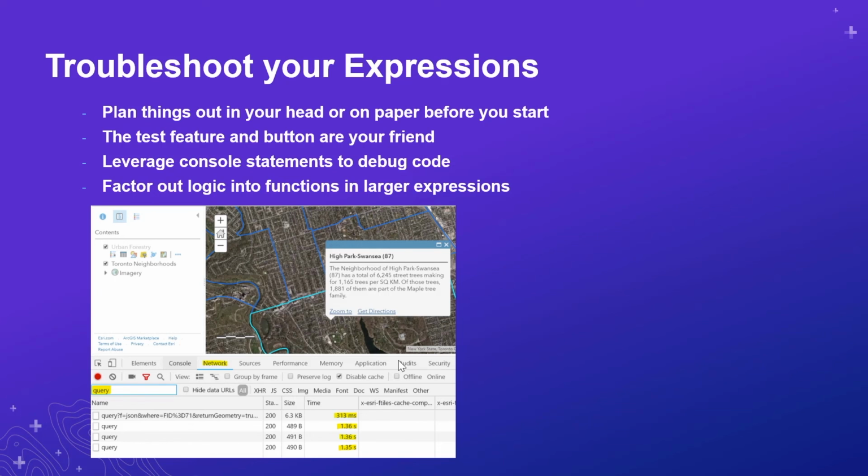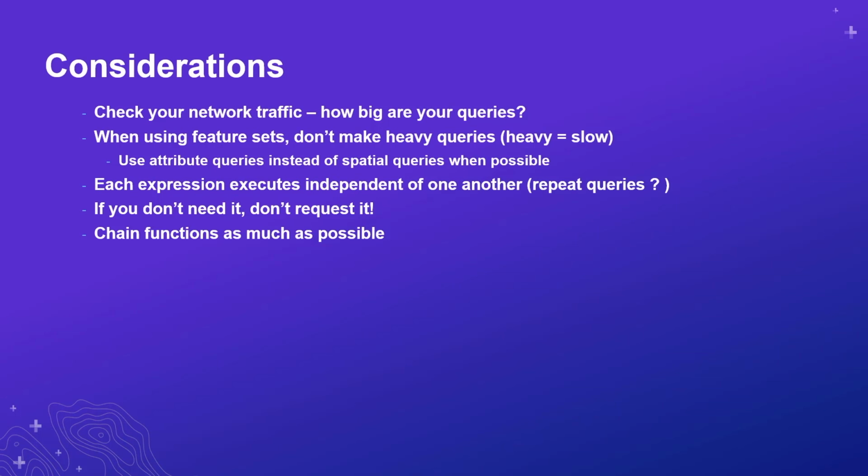Let's talk a little bit about queries too. One of the things shown in this screenshot is that we've got our Chrome debugger up, and we're looking at the number of queries that are being fired to execute the expression, and that'll help you assess performance. Which brings me to my next order of business, which is other considerations.